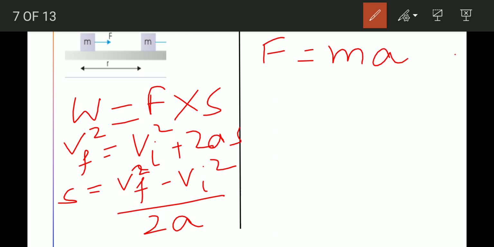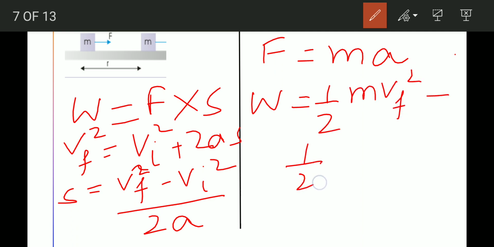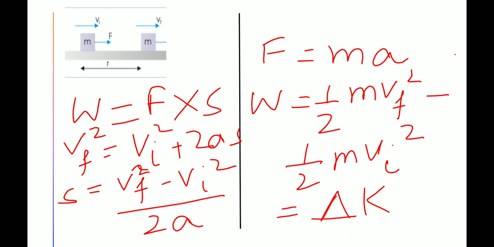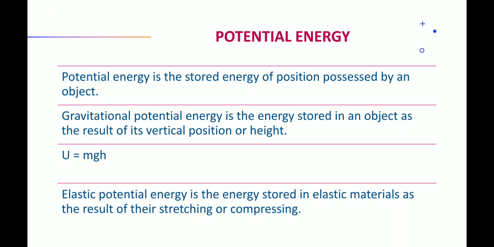So, on putting the value F equals ma in this expression as well as the value of S over here, we will get W equals half m Vf square minus half m Vi square, which is nothing but the change in kinetic energy. So basically, work is equal to the change in kinetic energy, and this is the work energy theorem.